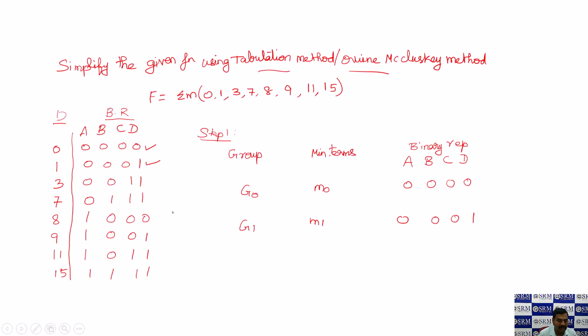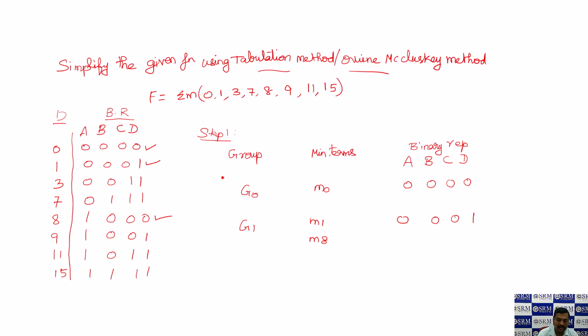Now look at the minterm 8. So M8. Now write under group 1. This represents we are having only 1 one in the given expression. Now I'm writing the second minterm, that is M8, which is having only 1 one.